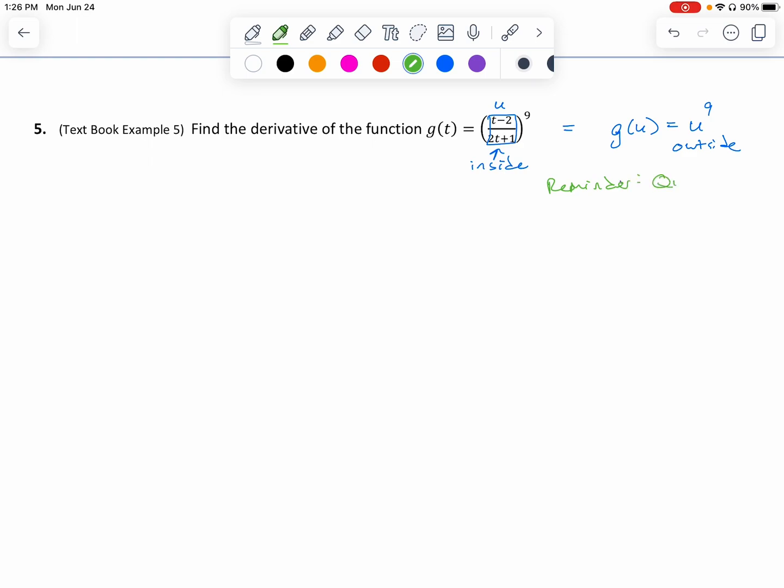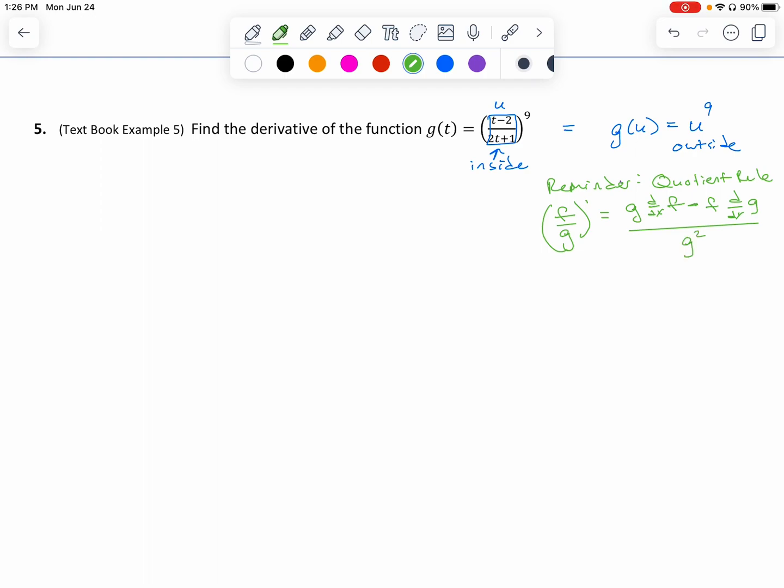So, reminder, the quotient rule. That's where we have f over g. The derivative of that would be the low d high minus high d low, all over low low.